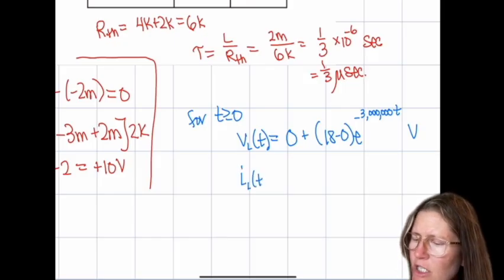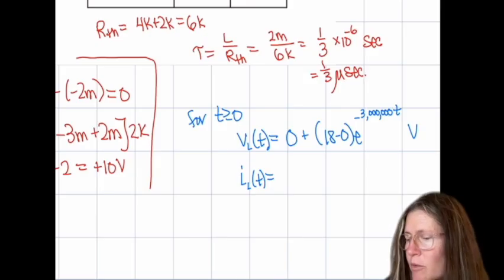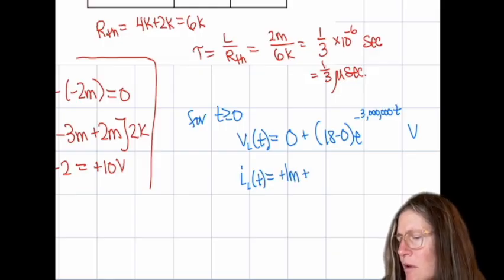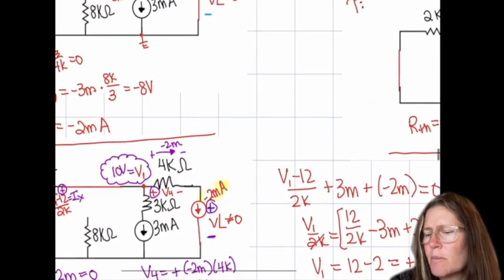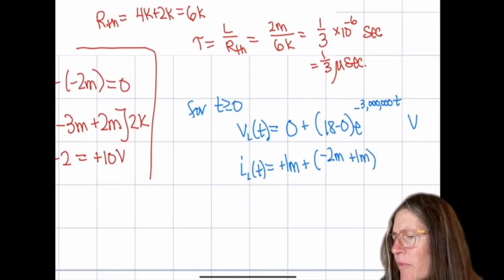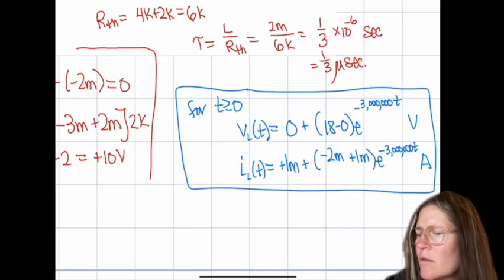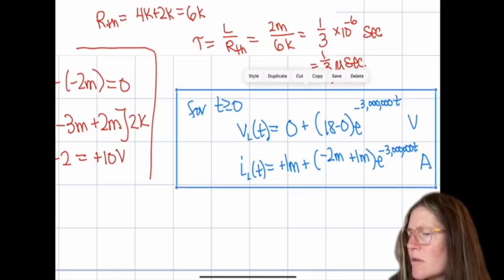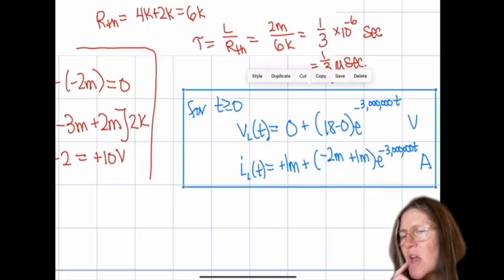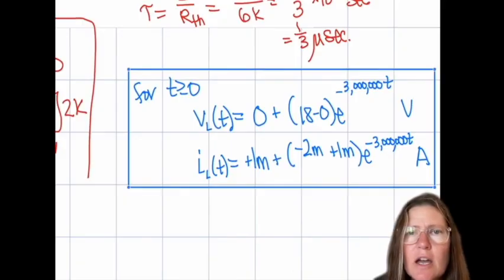And then IL of t, the final value is that plus 1 milli, and the initial value was a minus 2 milli. And this is then the final solutions for both VL and IL.